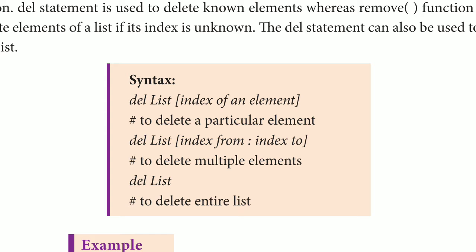In the next syntax, del list index from to index to, a group of values will be deleted when you give the range from and to. And in the next syntax, del space list, the whole list will be deleted.